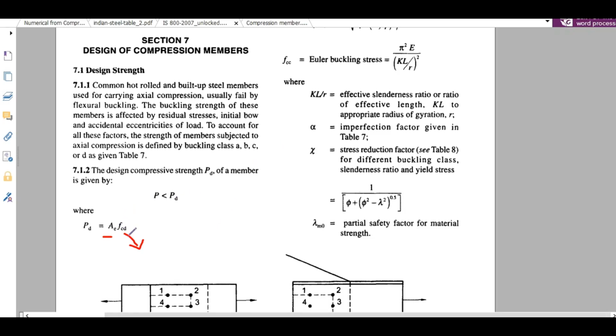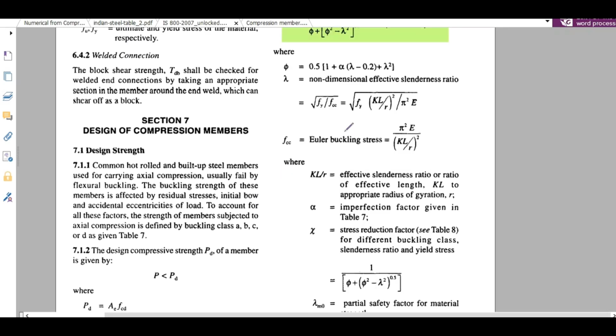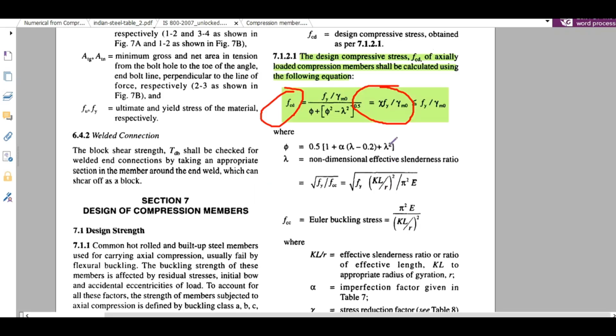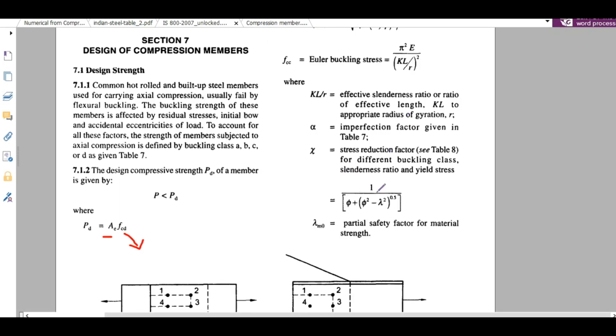So this is the first method; the second uses this part only; and the third is FCD equal to this. You can find this part either by table 18 or by these equations.